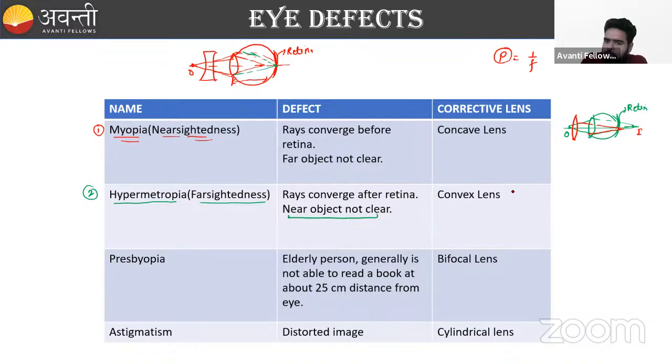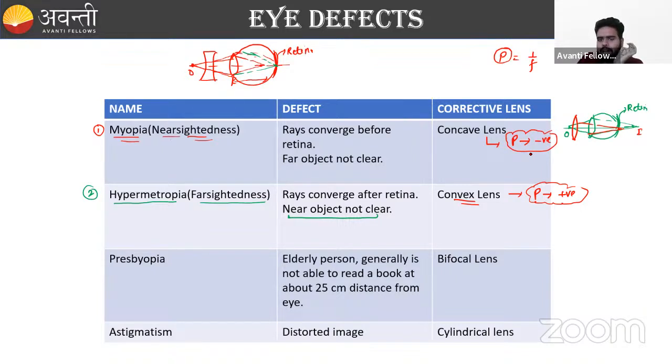So in hypermetropia, we use the convex lens, and we know that the convex lens has a positive focal length. So in this type of lens, the power is positive. If someone carries a positive power lens, the person must have hypermetropia. Similarly, the concave lens has a negative focal length, so its power must be negative.